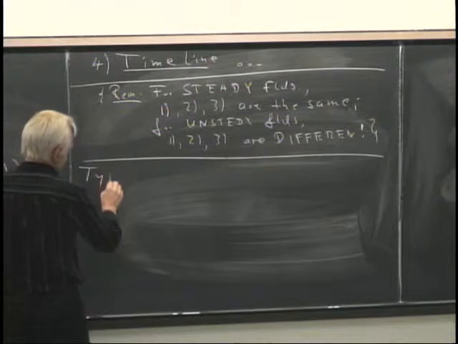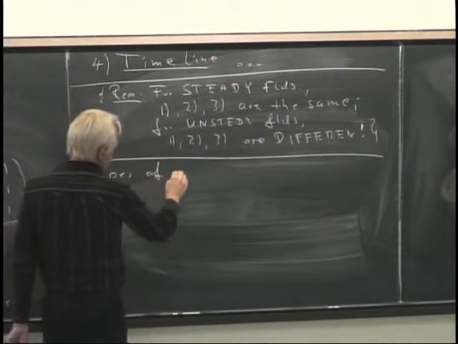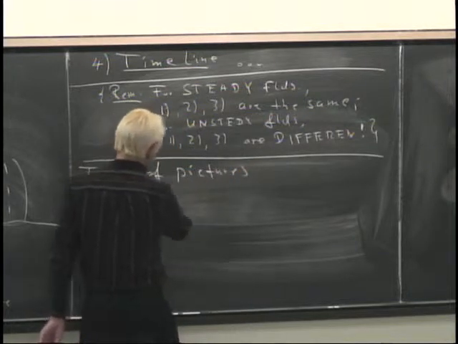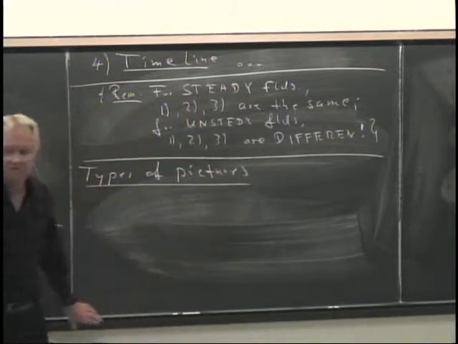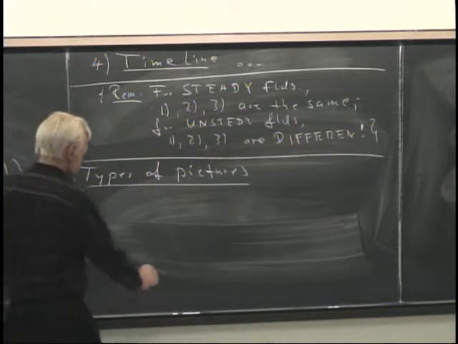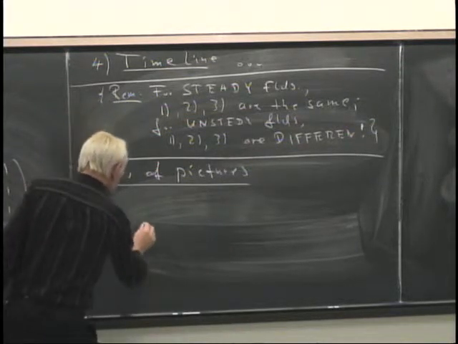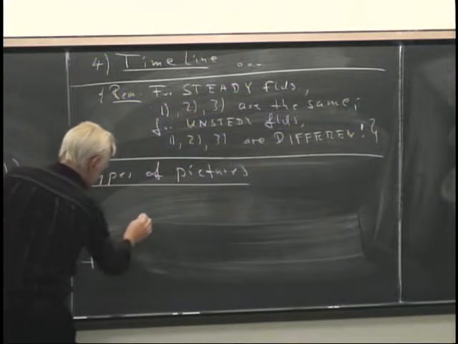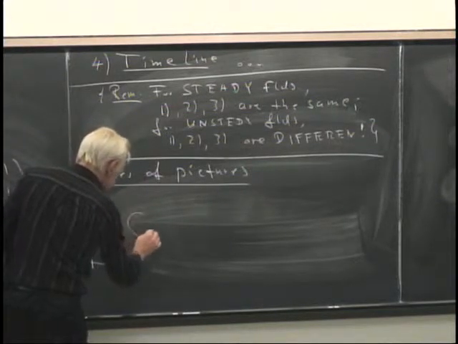What are the types of pictures that you want to generate? The types of pictures that you want to generate look like this. I am in the plane, in the xy plane. I have a little spherical obstacle.